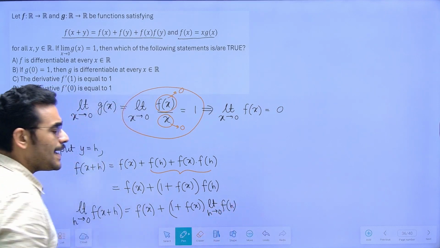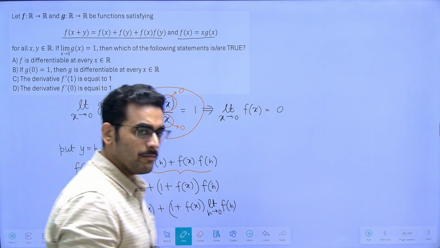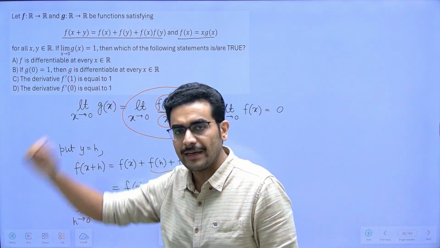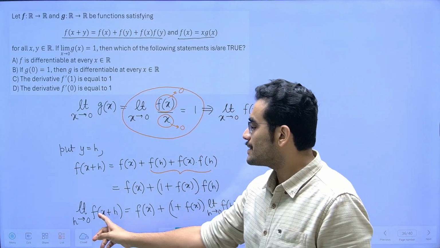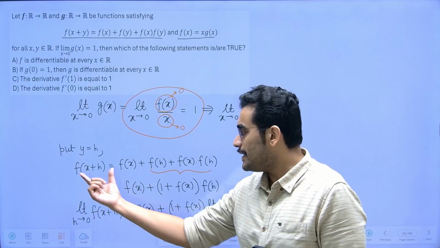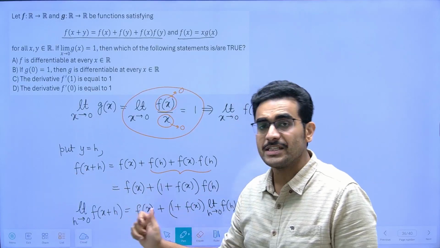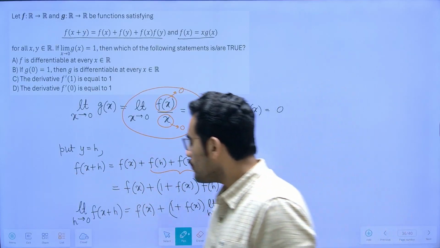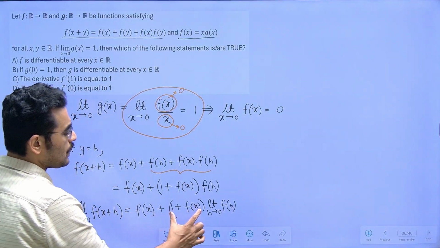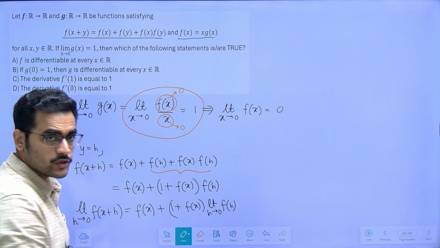I have taken h tends to 0 on both sides, because as we know x and y are independent variables, there is no connection. So x and h are independent values. So in this functional equation, I have taken h tends to 0 on both sides. So limit h tends to 0, f(x+h) is f(x) plus 1 plus f(x) into limit h tends to 0, f(h).